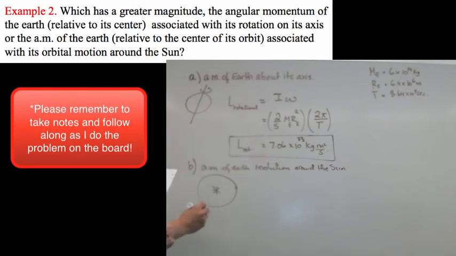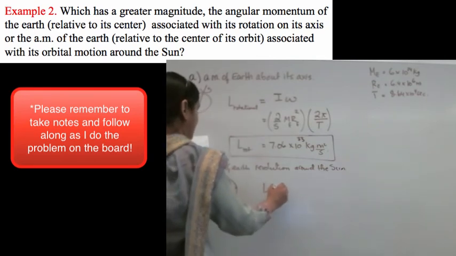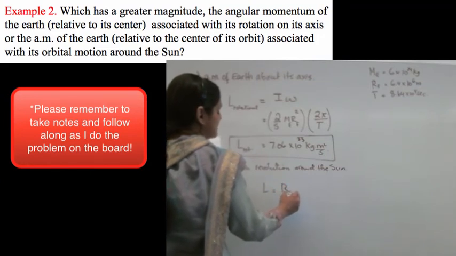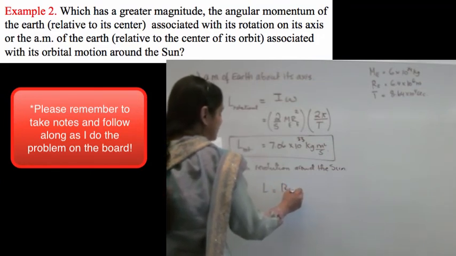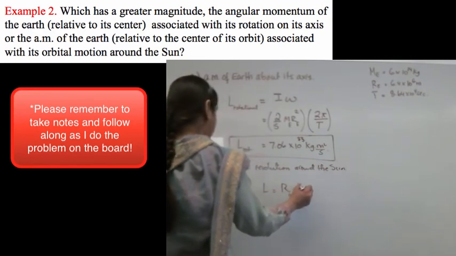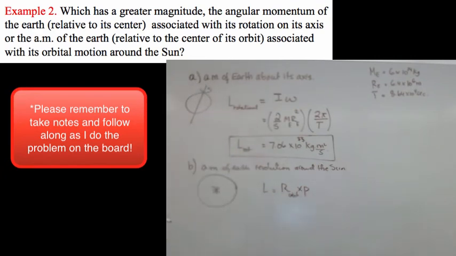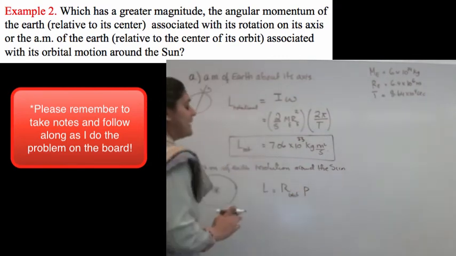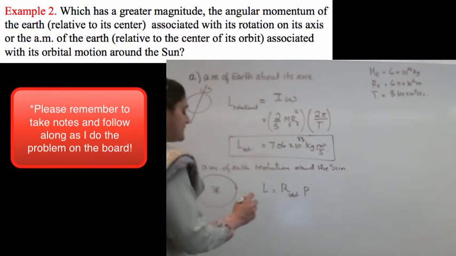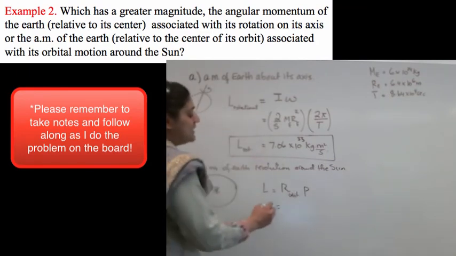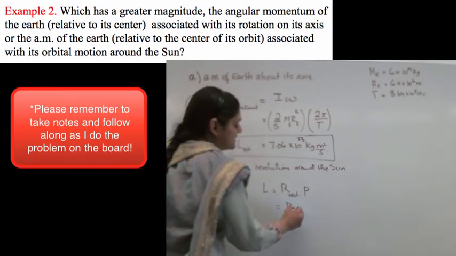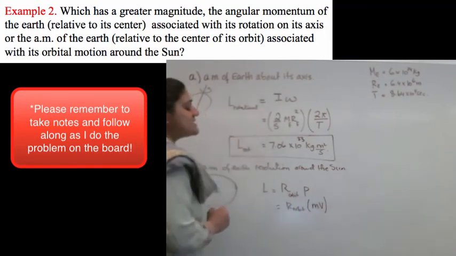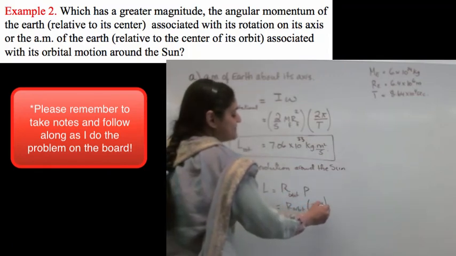So in this case, your angular momentum is going to be given by r cross p, where r is the radius of the orbit, times p, okay? Which means it is the momentum of the Earth, right? So we can get rid of this because we know what the angle is going to be, 90 degrees between the both of them. So this is going to be radius of the Earth's orbit times mv, mass of the Earth times velocity of the Earth.